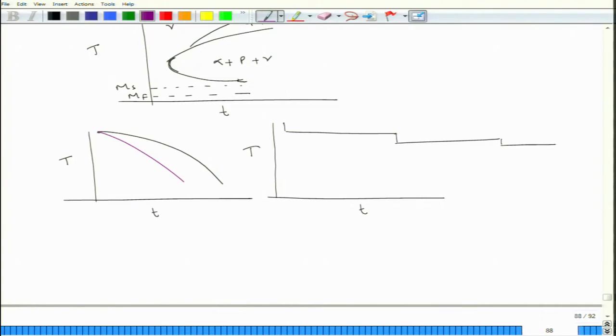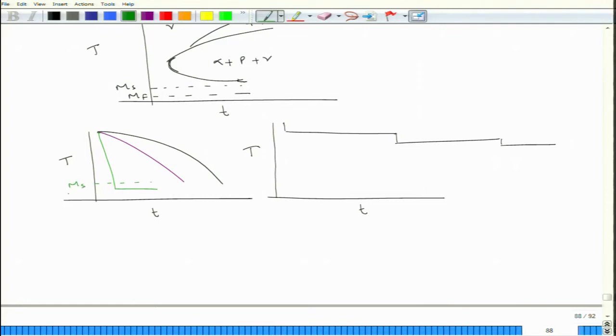Now, we can have quenching. Quenching means the cooling rate is the fastest. So, quenching would be like this, and then hold it. If I put it in green color, this would be quenching.